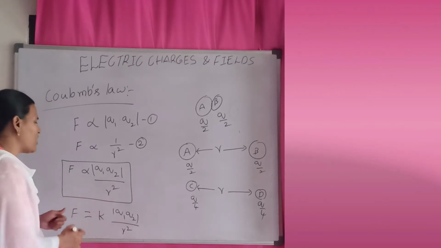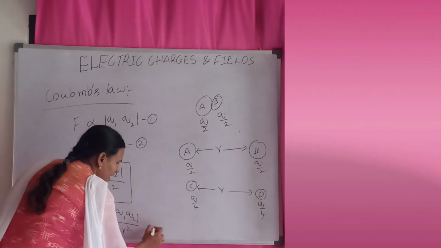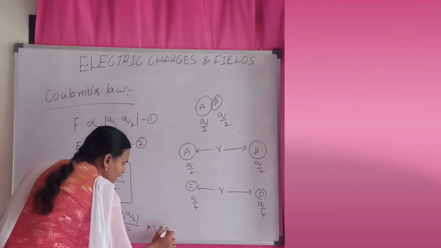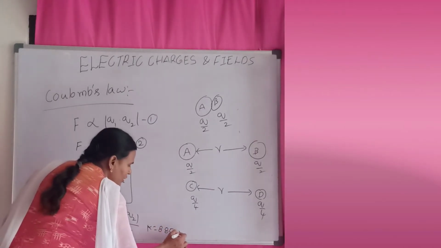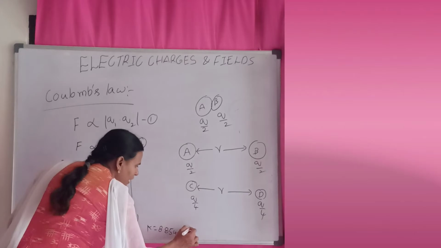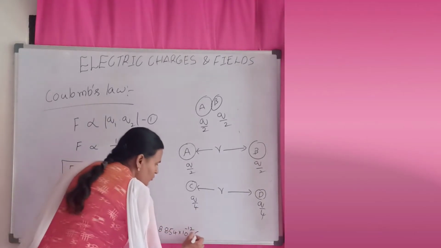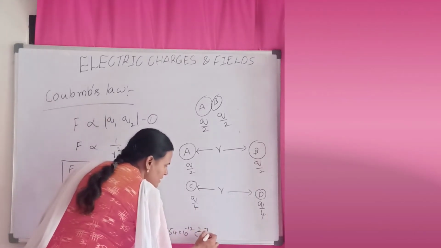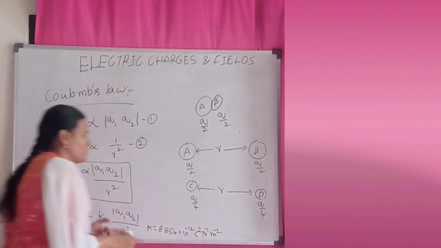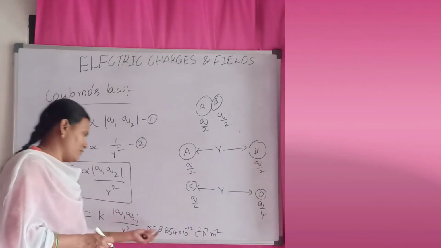The value of this k is 8.854 into 10 to the power of minus 12 Coulomb square, Newton to the power of minus 1, meter to the power of minus 2. So that is the value for the permittivity.